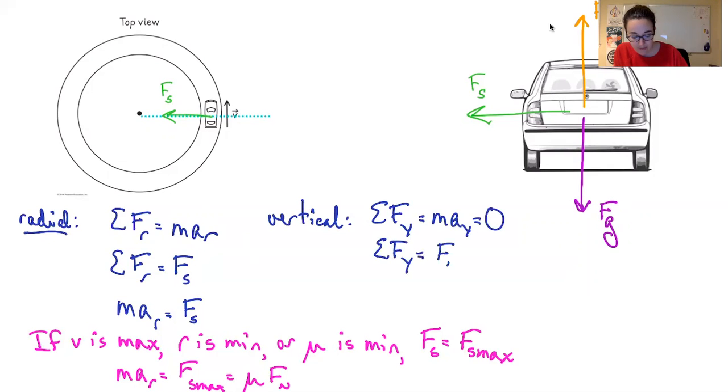We have Fn up, and we have Fg down, or mg. And so from there, we could combine them and solve for whatever it is we're looking for as far as the speed, radius, or coefficient of friction.